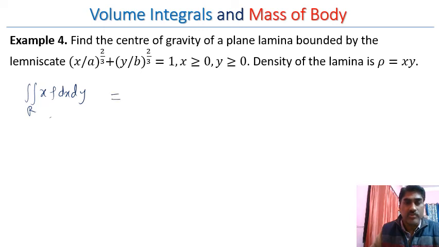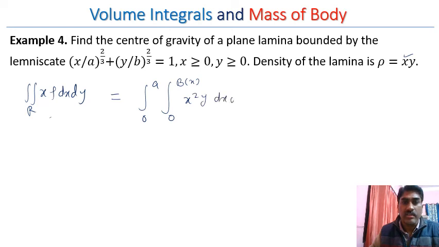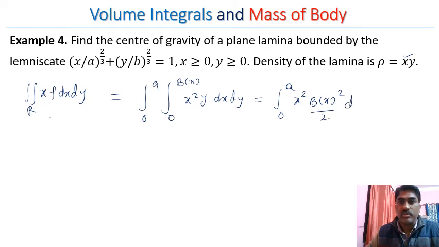We will put the limits similar, 0 to a and 0 to, let me say, bx, and x rho is xy, so this is x square y dx dy. Then you need to integrate with respect to y. So this is 0 to a, x square bx square by 2 dx.